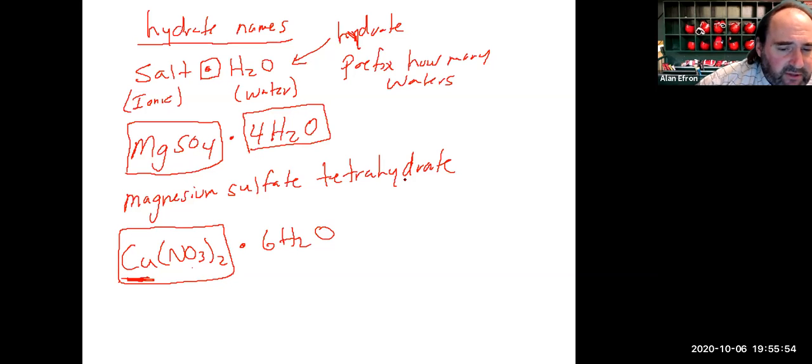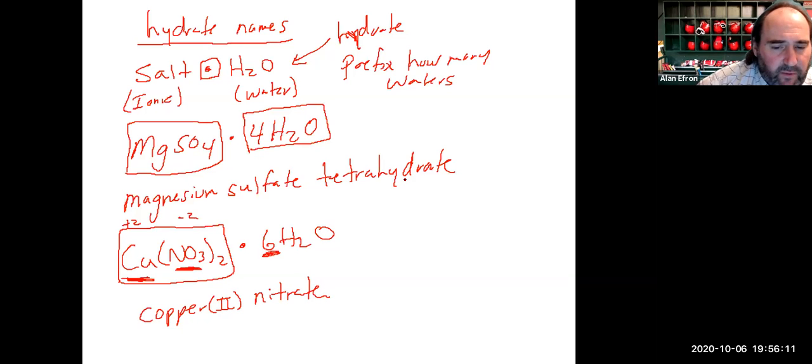We have nitrate, and there's 2 of them, which means we have a -2, and the copper here would have to be +2. So this would be copper(II) nitrate, just like we normally would name this. And again, we have 6 waters. This would be hexahydrate.